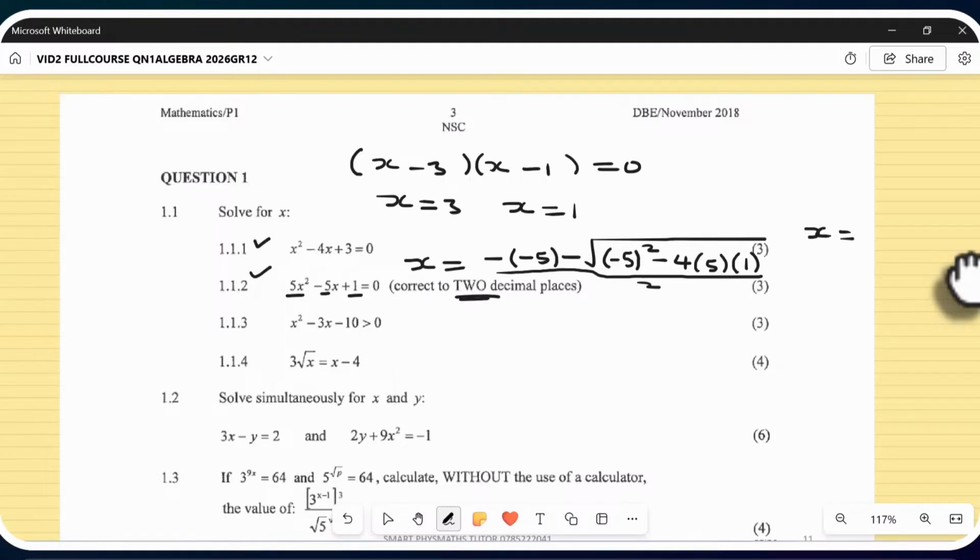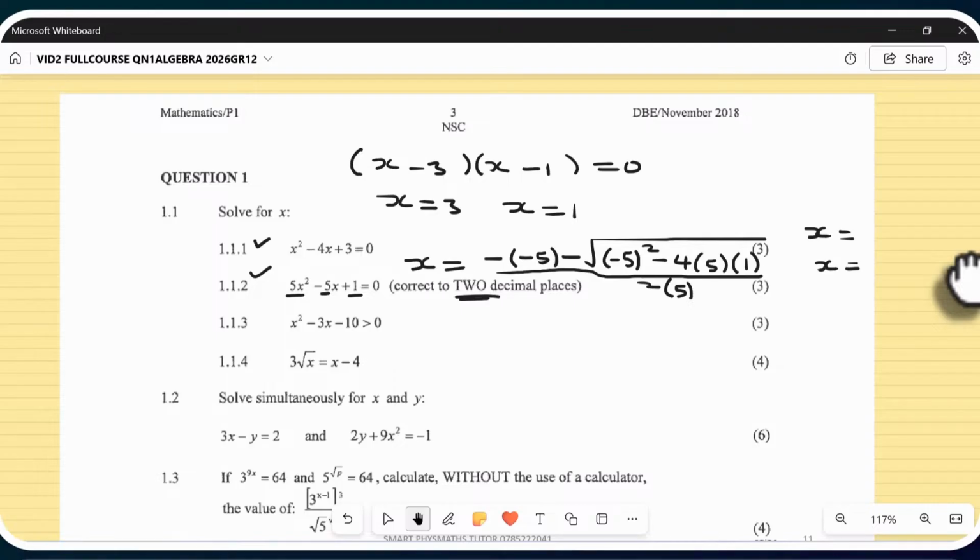Let's find out on the calculator. I have negative of negative 5 plus square root of negative 5 squared in brackets minus 4ac, our c is positive 1, divided by 2a. Now our a here is 5, so don't forget, 2 times 5, that means 10.